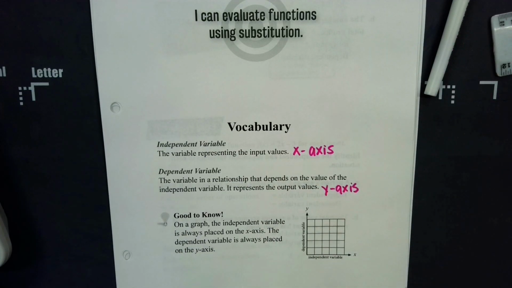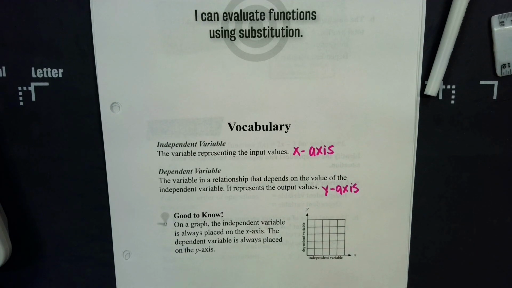So like a dependent variable would be running a race, or running for 10 seconds. How far I go depends on how much time I was given.